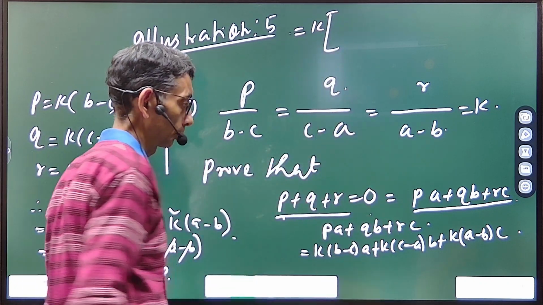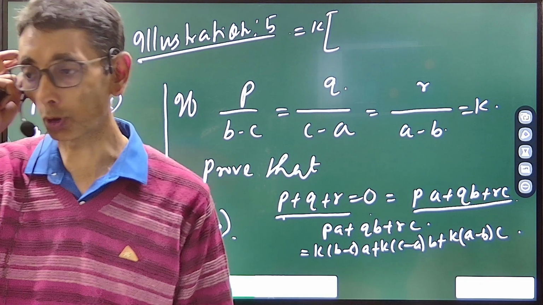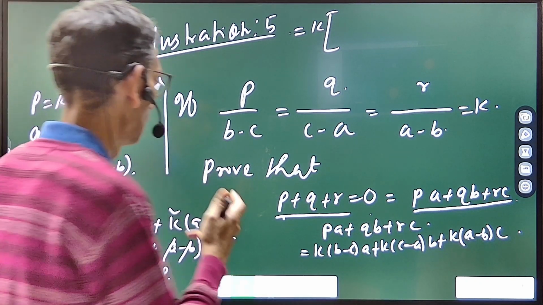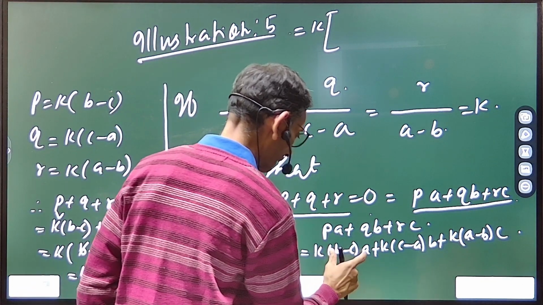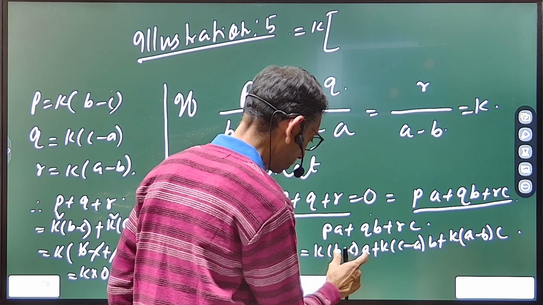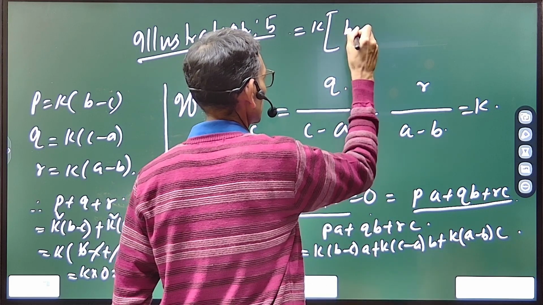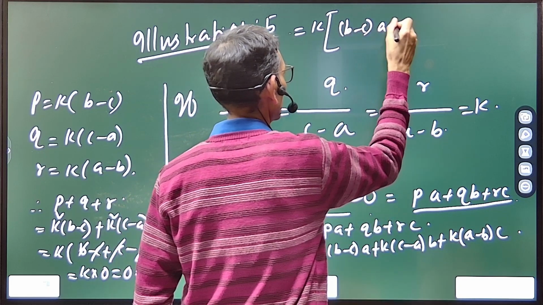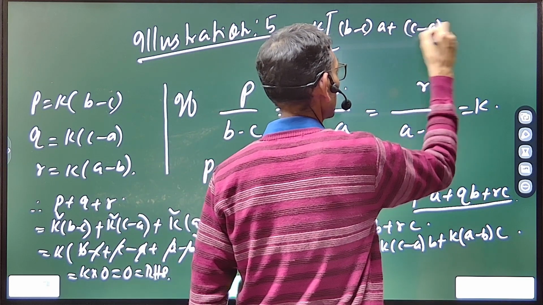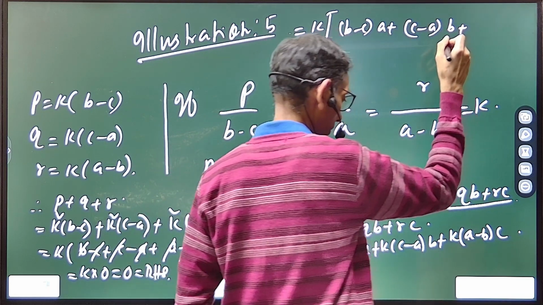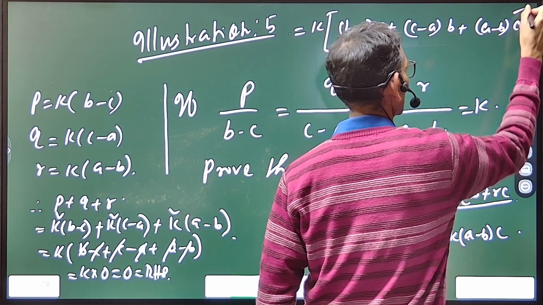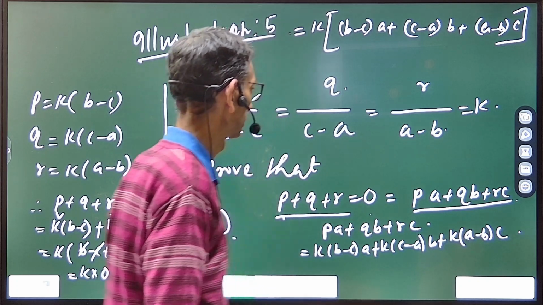When you take common terms, things become easy, right? Okay. Taking K common, what will remain? B minus C into A, then C minus A into B, plus A minus B into C. Right.